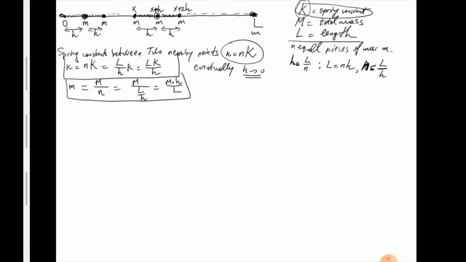Okay, so with that in mind, I think we are close to the moment when we write the equation of motion for the object at the coordinate x plus h. We're going to look at that point at coordinate x plus h. And notice that as these points move left and right, so imagine this whole string is in motion, there will be two forces acting on this point.